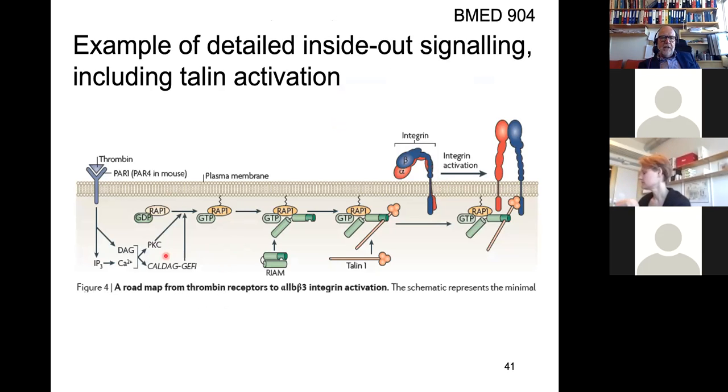And talin itself is actually inactive and needs to be activated, and that can occur by small GTPases in the cells, here exemplified by RAP1 and RIAM.